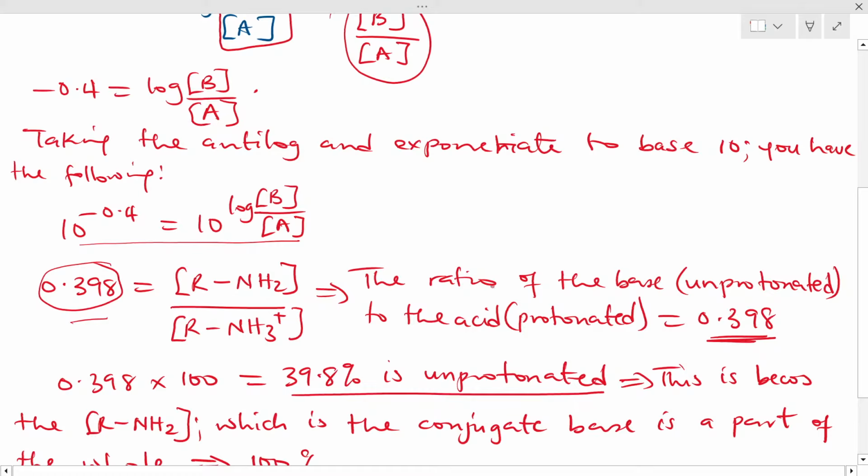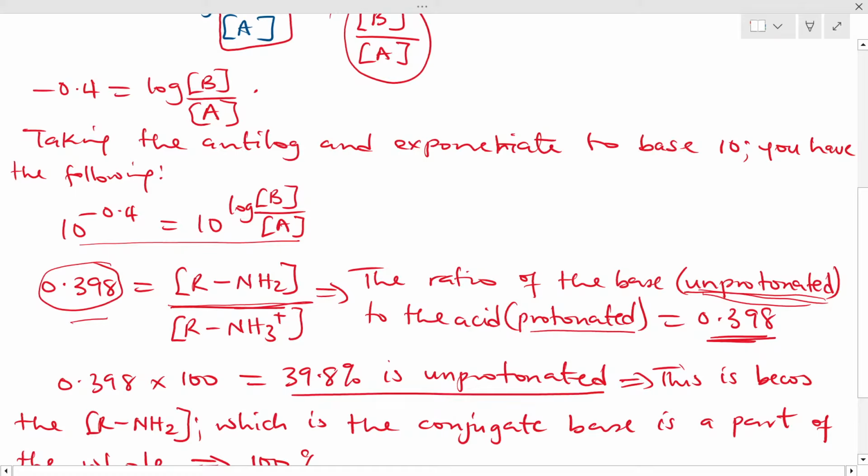Now this ratio is what we are looking for. This now is a ratio, and the ratio here indicates the ratio of the conjugate base towards the acid. It can also be referred to as the ratio of the unprotonated to the protonated, as earlier established that the protonated is the acid and the unprotonated is the base.